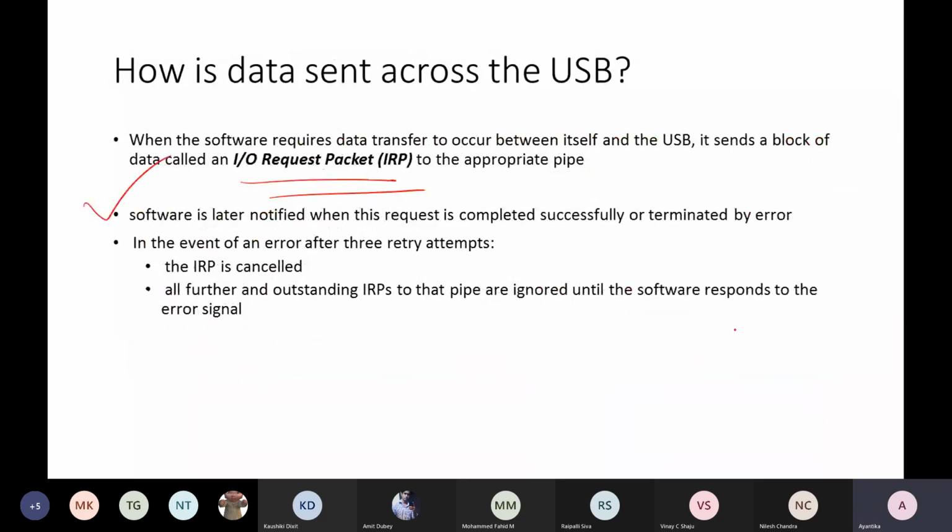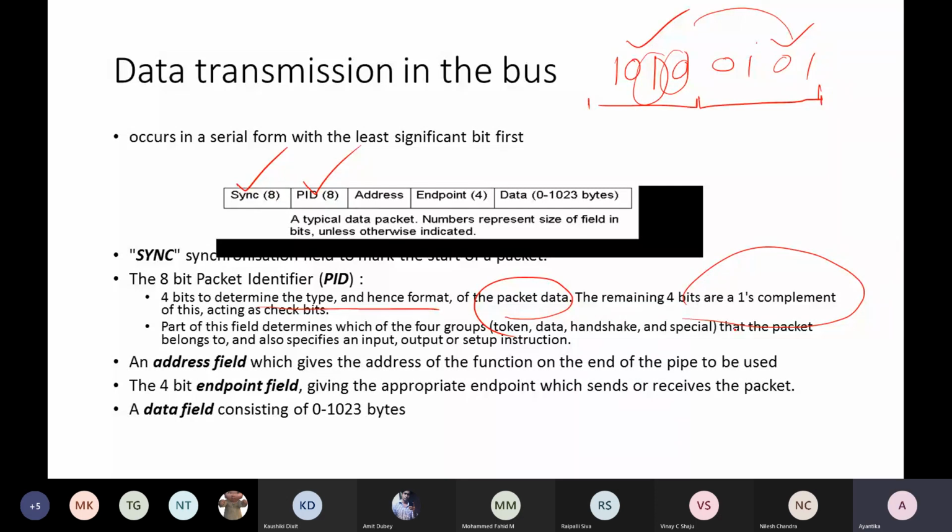So this is the sync field, and the PID gives the type of data, the type of request that is sent. Next, this is the address, related to the function or the device with which the communication should take place. And associated with the address, we add this endpoint address.